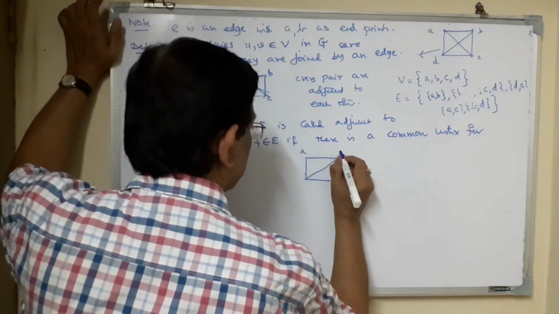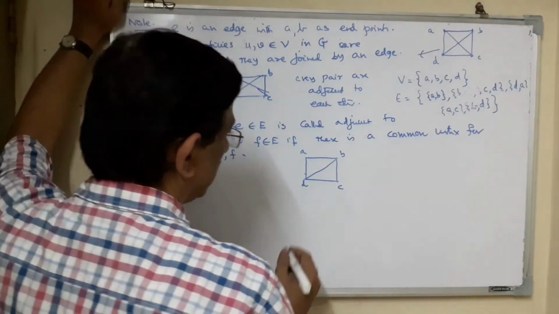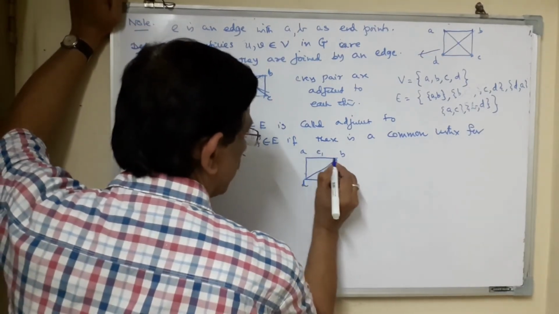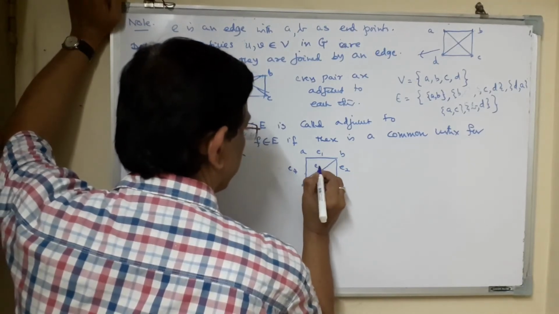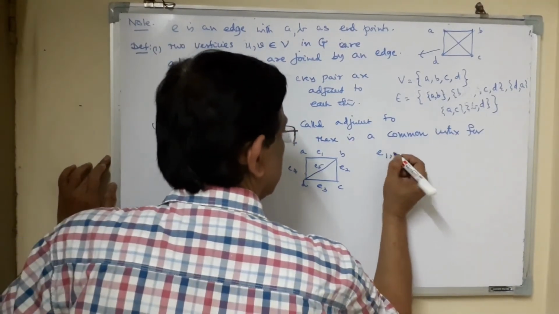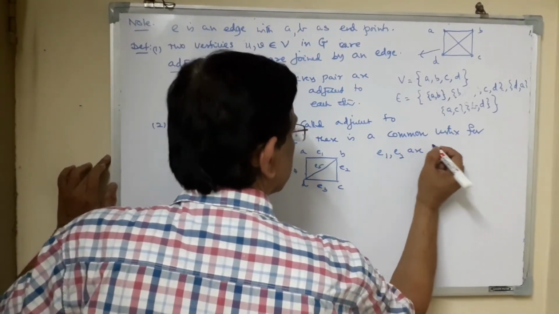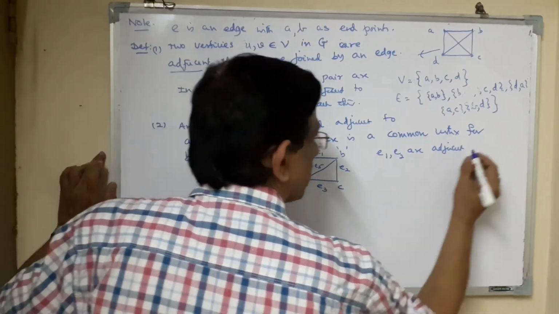I'll write down only A, B, C, D now. This is E1, E2, E3, E4, E5. E1 and E2 are adjacent, since B is a common vertex.